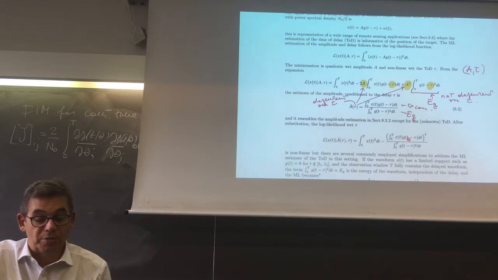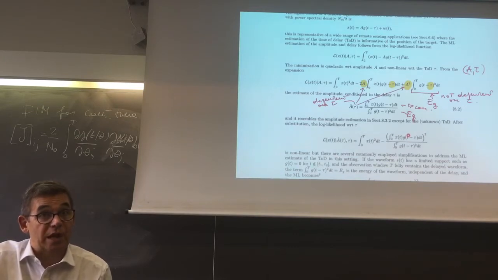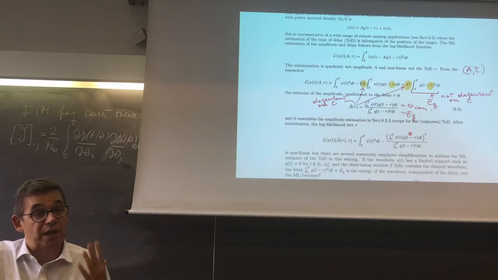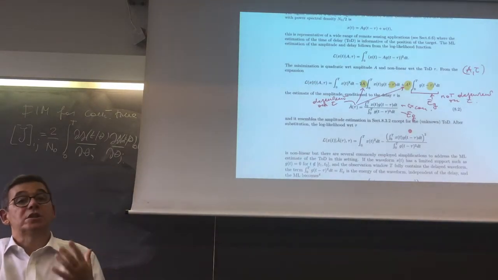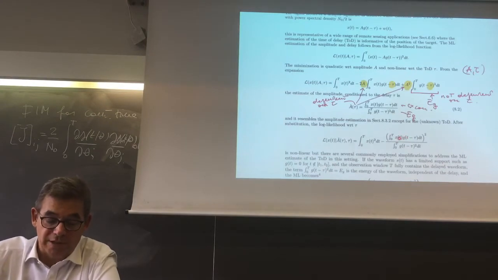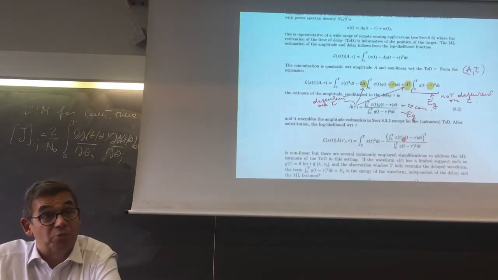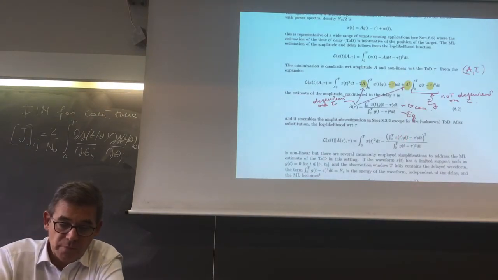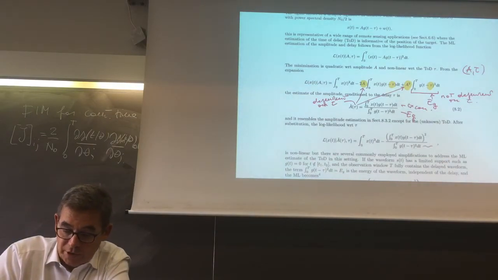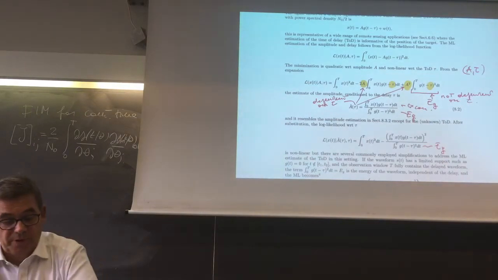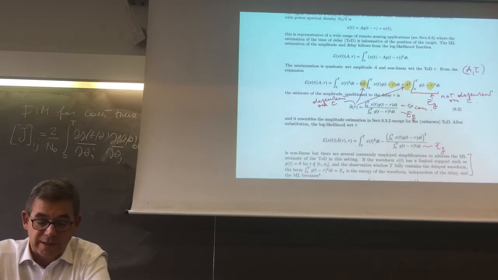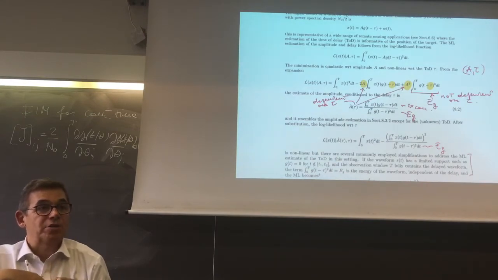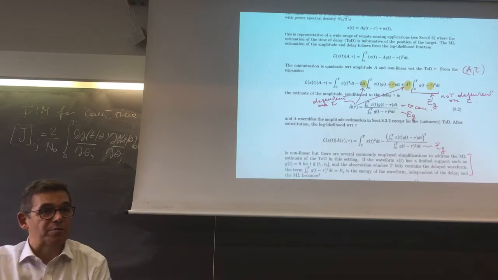The second term is the square of the cross correlation, and that one depends on tau. So I search for the value of the delay that maximizes the square of the cross correlation between the data and the delayed waveform. Recall that the denominator is the energy.